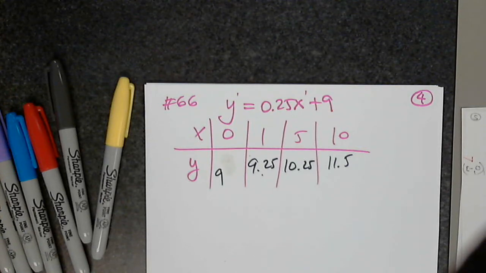I would like to do this with you with a graphing calculator for a moment. If you have your calculator, I would like you to plug in Y equals. Click on Y equals. What will I plug in? What is my Y equals? 0.25 x plus 9. Say it again. Y equals 0.25 x plus 9. Yes, here's your X right here, on the right-hand side of alpha. This key is the variable key. And plus 9.